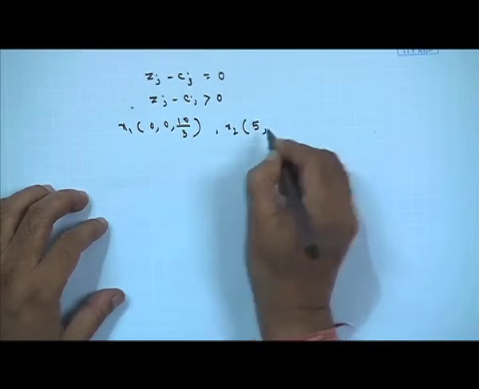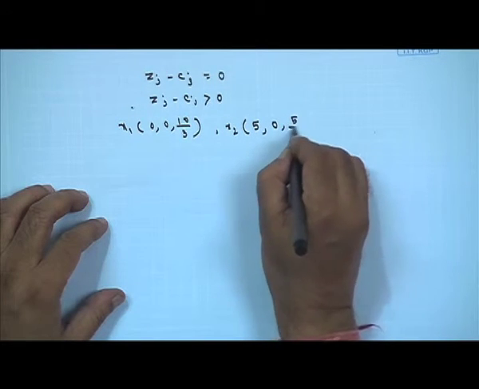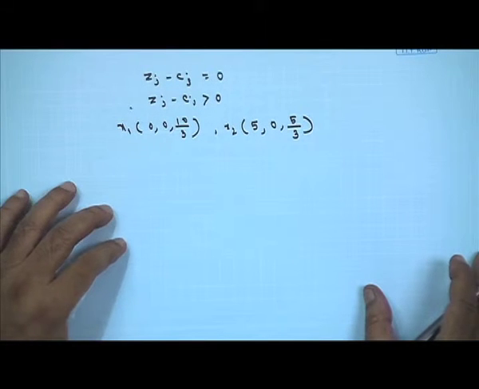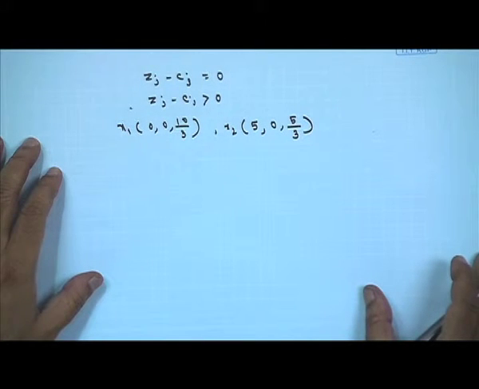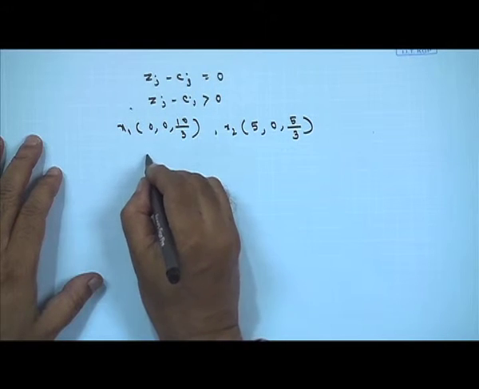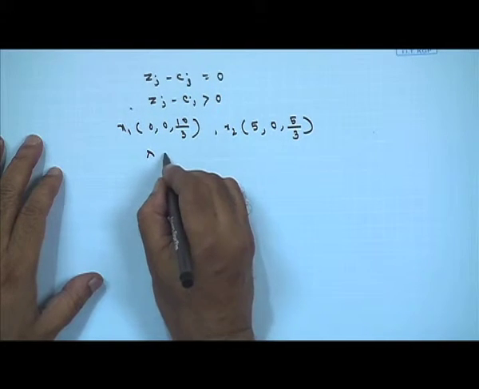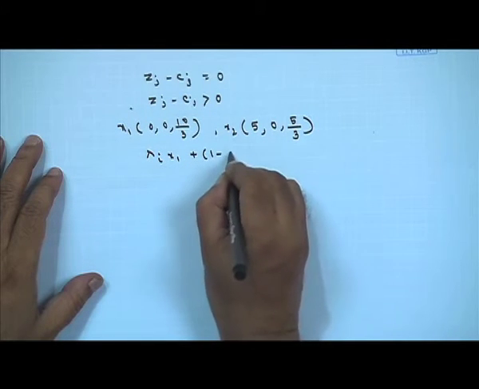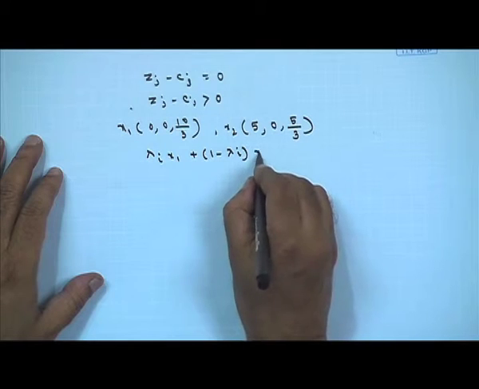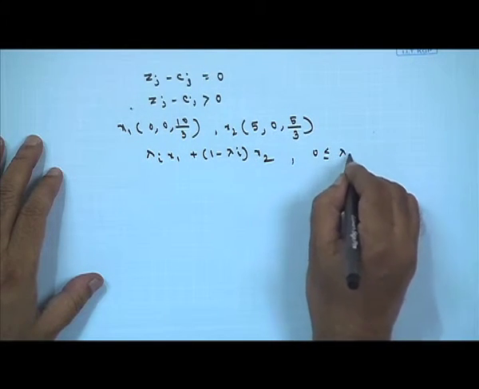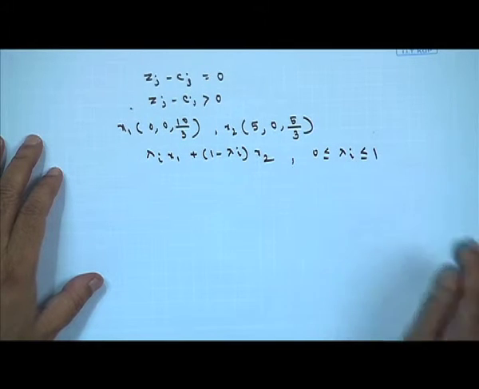So, since these two are solutions, any convex combination of these two will also be a solution. That is, any convex combination means lambda into x1 plus 1 minus lambda into x2. That will also be a solution where lambda lies between 0 to 1.